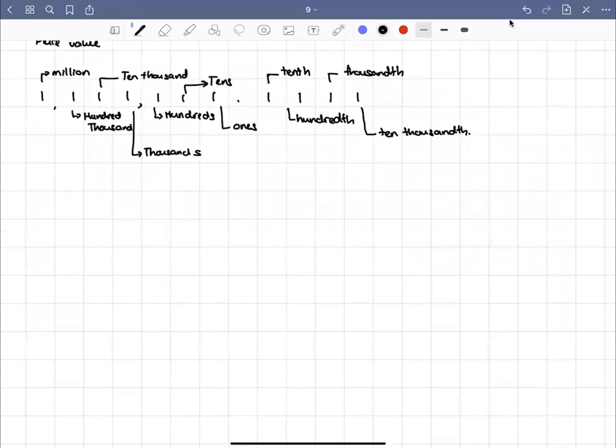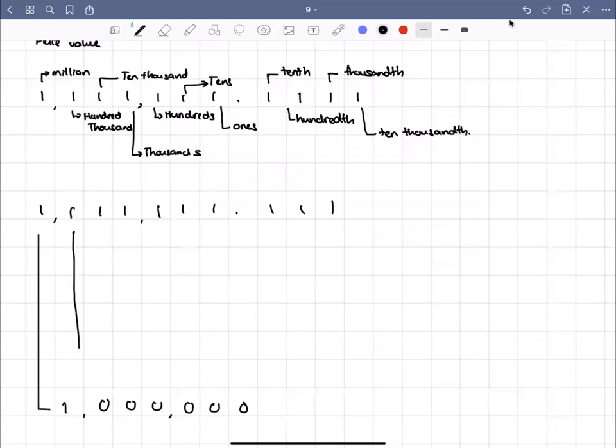So for instance, if I'm going to write 1,123,456.123. Every single number here has a different value again, so I'm going to show you what the value is. This one has a value of 1,000,000.